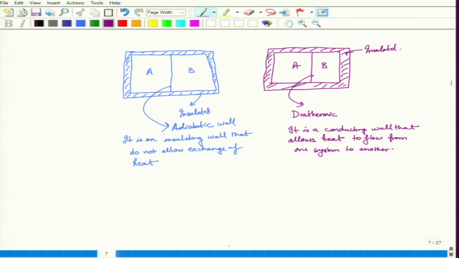Here we have taken two different gases, A and B. In this case it is an adiabatic wall, in this case a diathermic wall, and we have PA, VA, PB, VB. Those are the thermodynamic macroscopic variables that I already discussed.